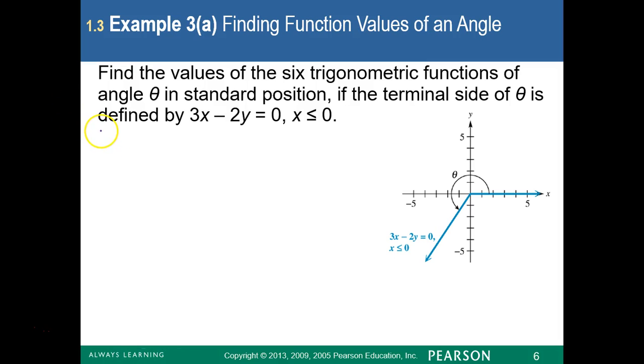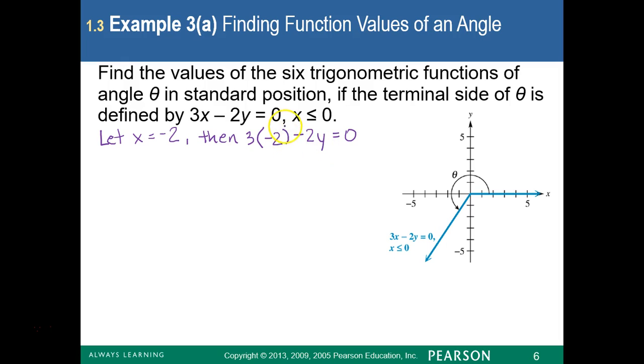So I'm going to say let x equal negative 2. Then y is going to equal this. I'm going to plug into our equation that was given to us the value of negative 2 and solve for y.